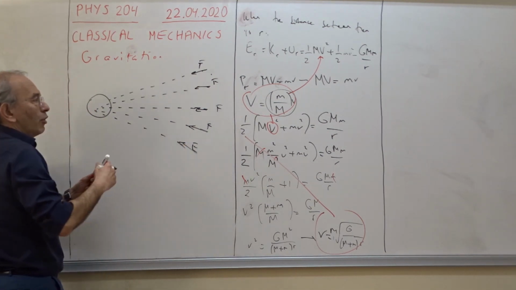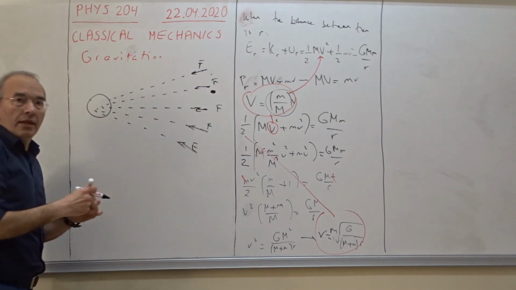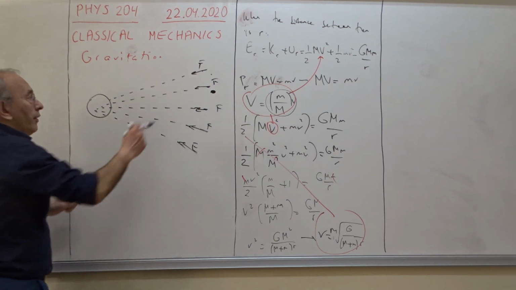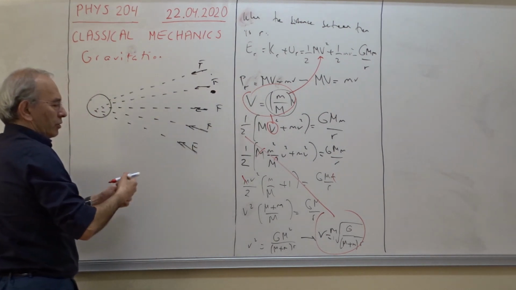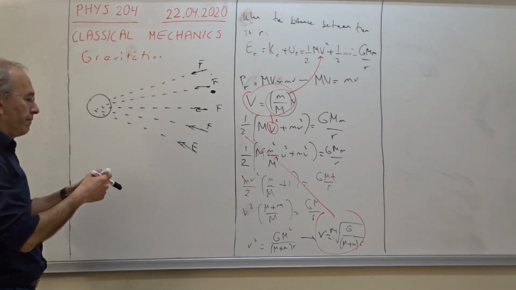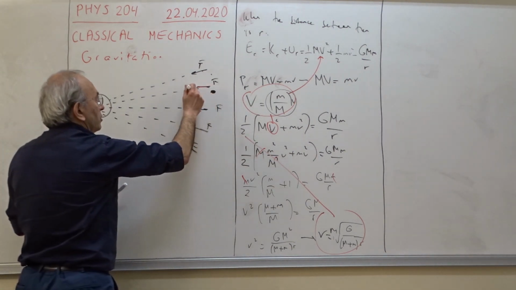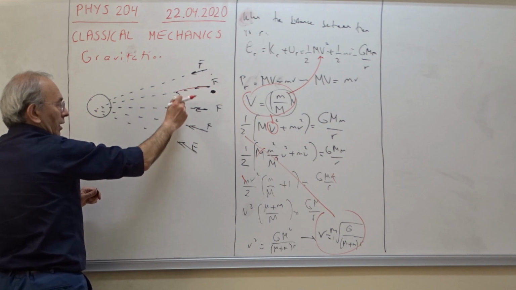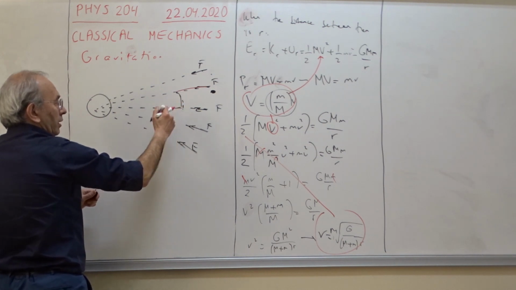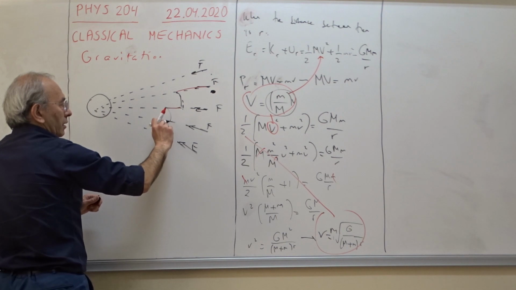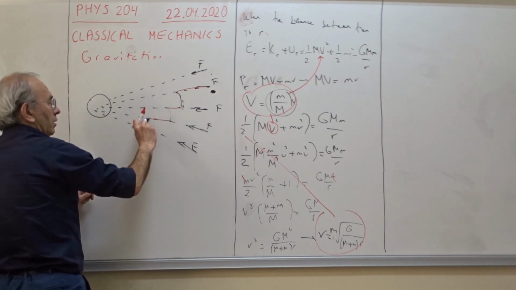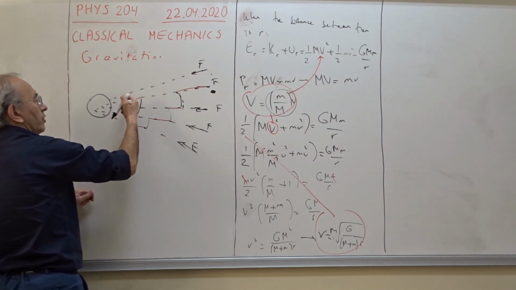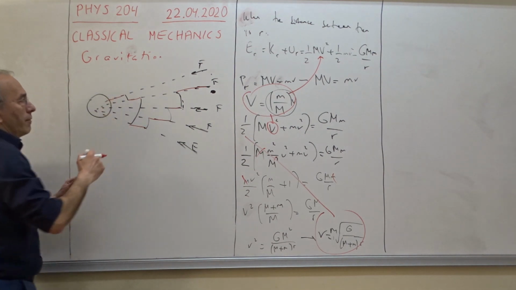And we have some object, let's say here. When it is coming towards the attracting center, it follows, for example, such a curve, such a path, a different path. And for instance, it is coming along this direction, and then going along the other one, then for example, it follows such a path.